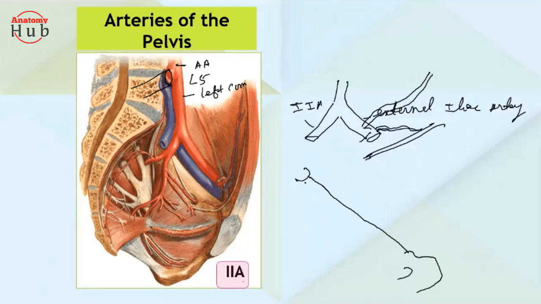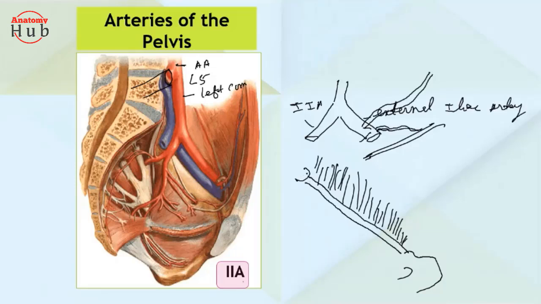Okay, so this is a double fold of aponeurotic fibers. No, aponeurosis of what? Your external oblique aponeurosis. The inguinal ligament is nothing but the external oblique aponeurosis, the free margin of the external oblique aponeurosis, right?